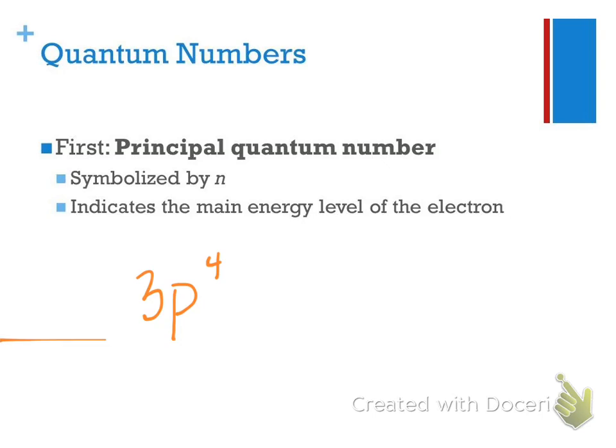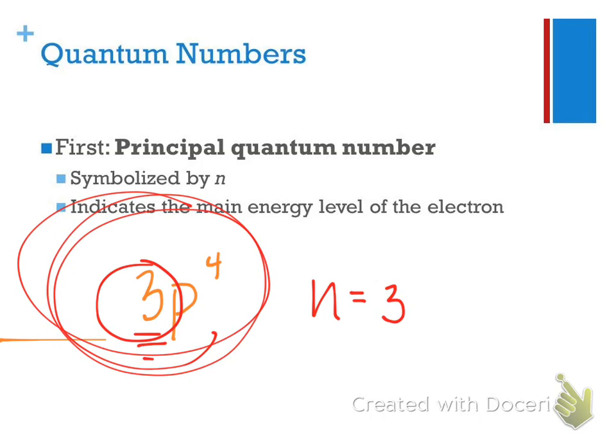Do you agree with that? So the main energy level, or n, is the coefficient that comes in front: n is equal to 3. It's on the third energy level, the third shell out from the nucleus. That's where that n number comes from. It corresponds with the row on the periodic table, with the exception of the d orbitals, but you follow exactly what it looks like in its electron configuration.